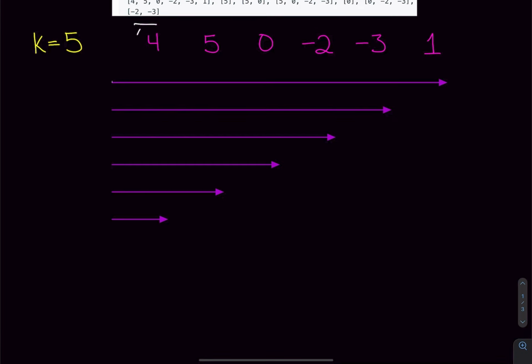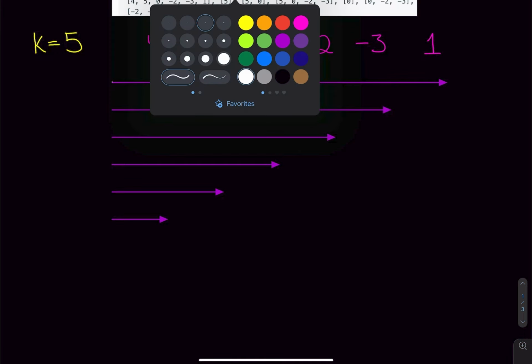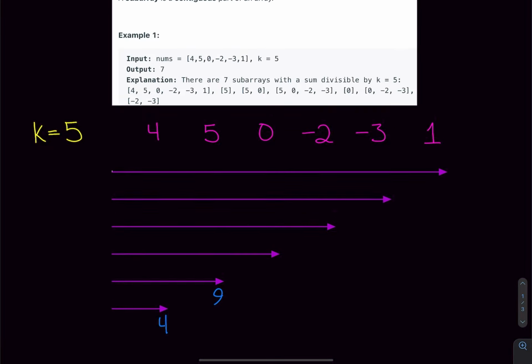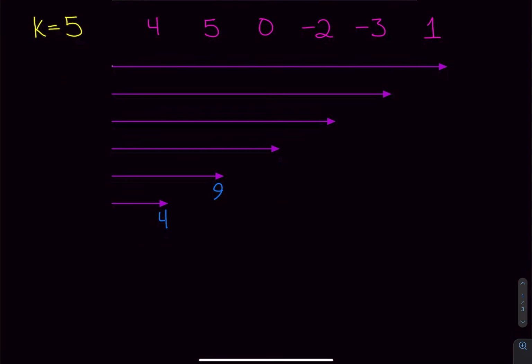We'll start from the left side. This running sum is going to be 4. The next running sum is 9. The next one is 9 again. Then we get to 7, then 4, and then 5.